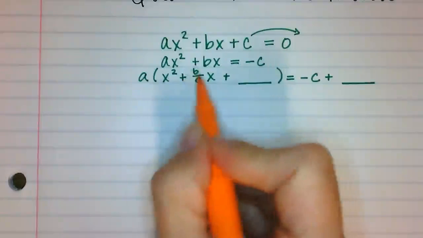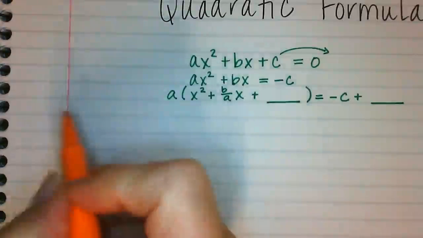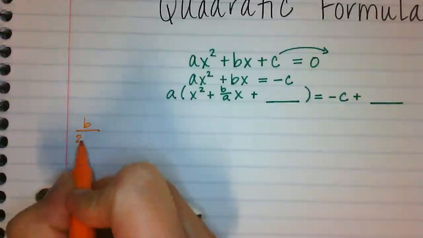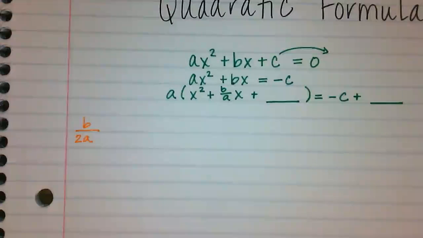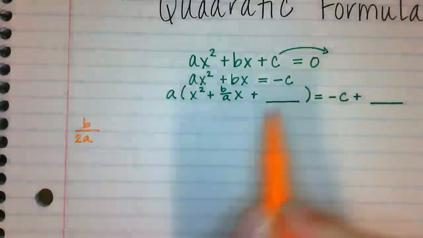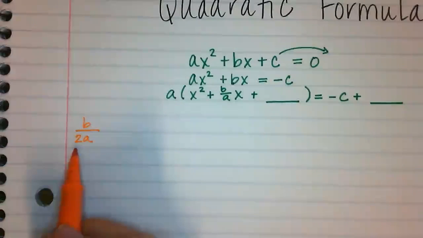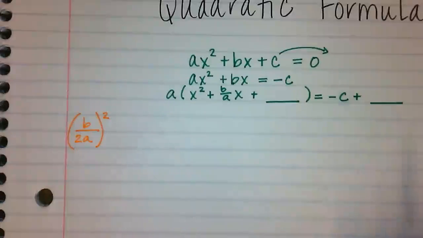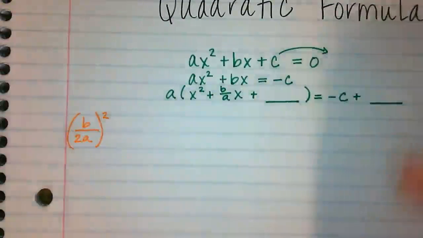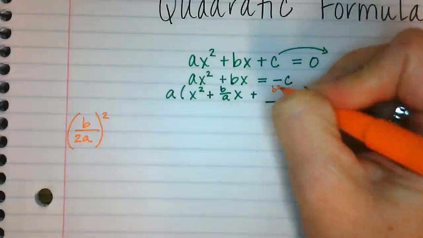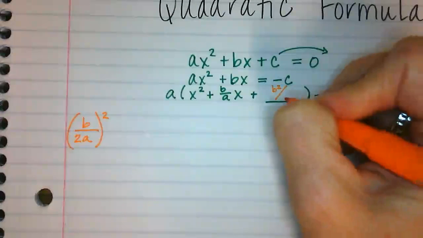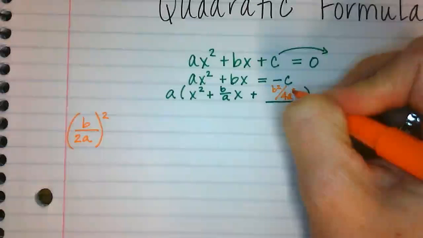We know we need to take this and take half of it. So I want b over 2a. But then for this spot, we take half of this, but now we have to square it. When we square b, we get b squared, and when we square 2a, we get 4a squared.